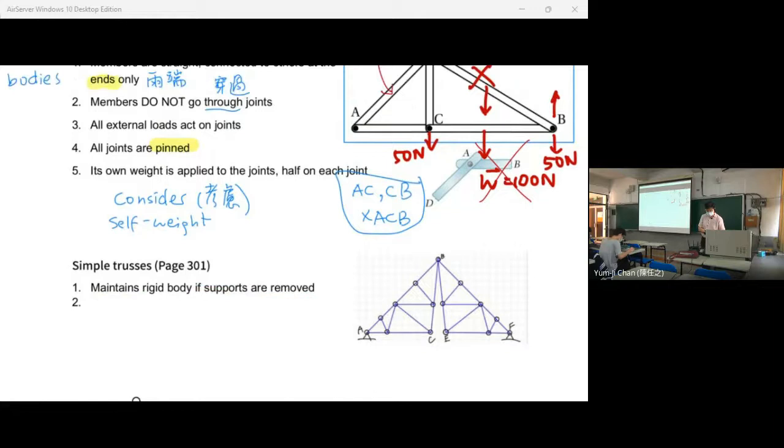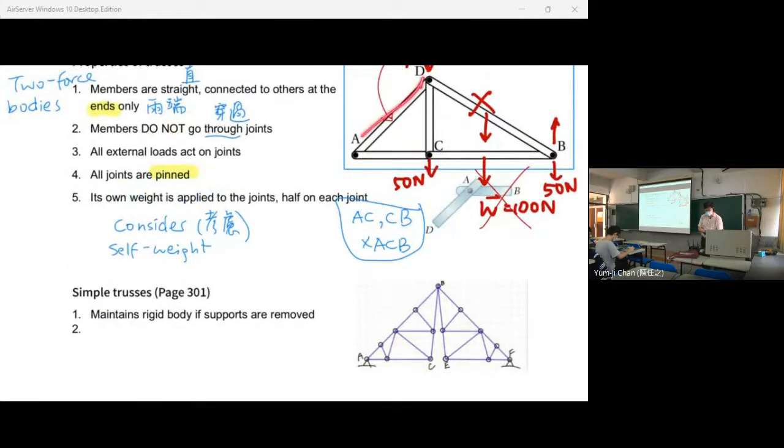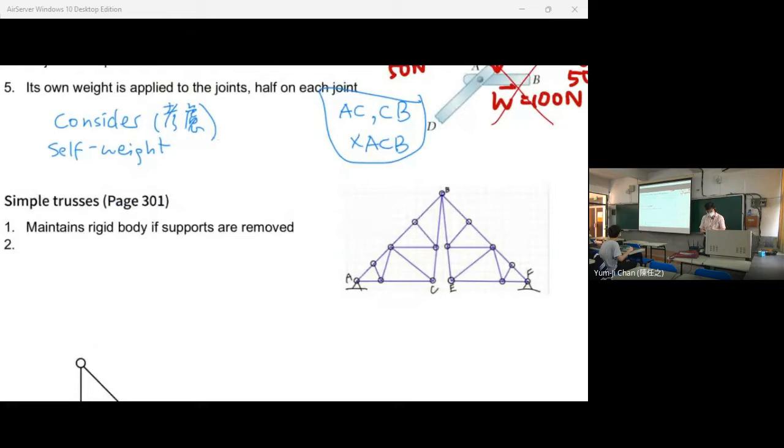Like this one is a rigid body because this is fixed, but the one below is not a rigid body. This is not a simple truss, because this one is pinned.